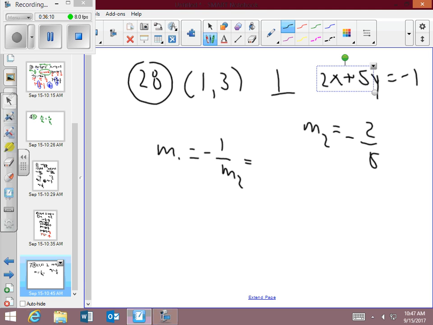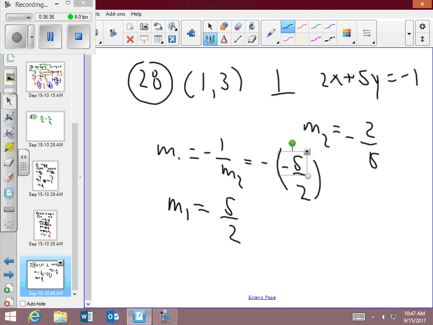So it's going to be a negative of what? A negative 5/2, right? So I reciprocated the 5/2, but I have to carry that minus sign down, and then I got an opposite sign, correct? So m1 has got to be a positive 5/2.